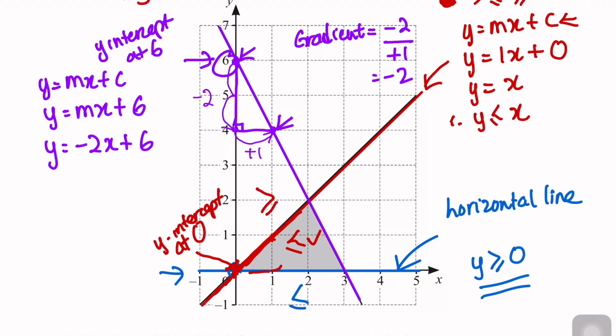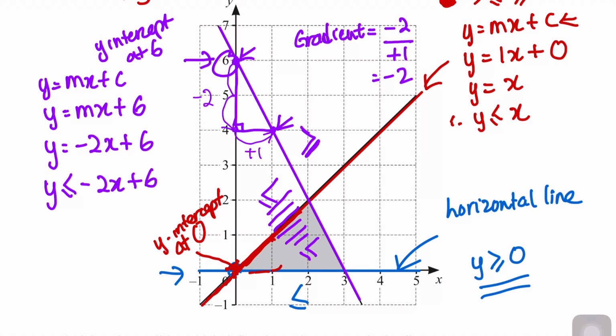Next, you need to decide which inequality sign to use. Same story: the one above the line is greater or equal to, and the one below the line is lesser or equal to. For this case, it is below, so it's still lesser or equal to. So we are going to change the sign: y is lesser or equal to -2x plus 6.